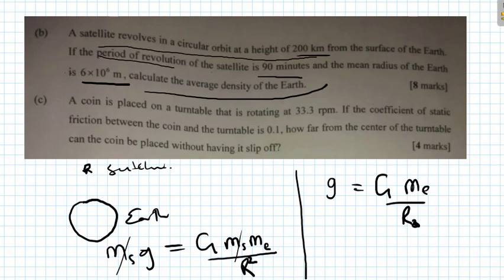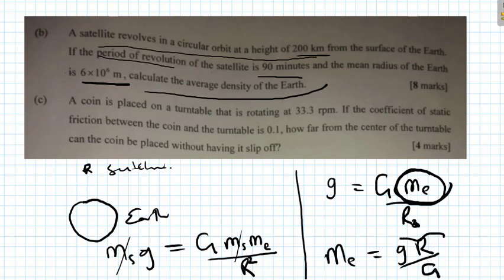So let's get the mass of the Earth. We make M_E the subject, it will give us g multiplied by r squared divided by universal G. This is the formula which we export to the next page. Remember, this is r squared.